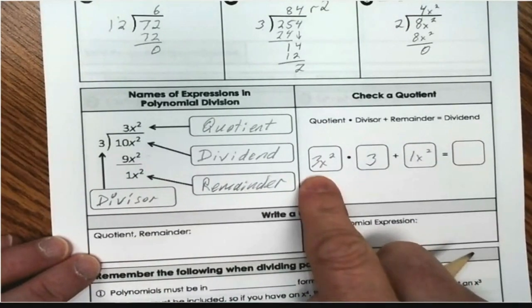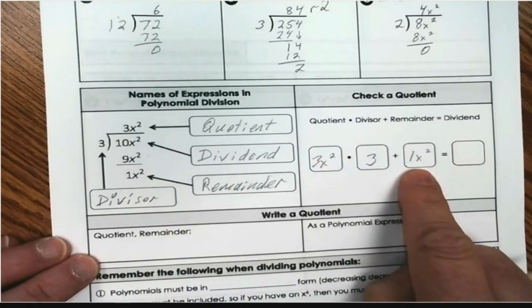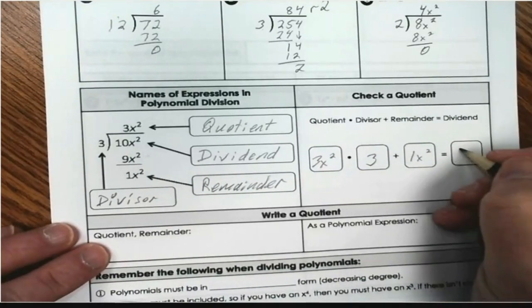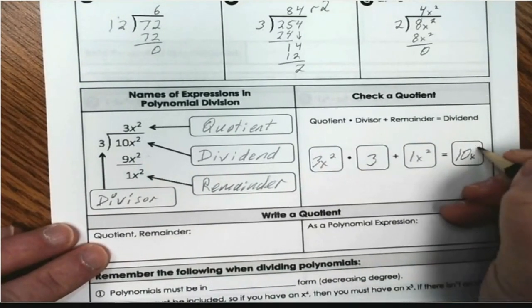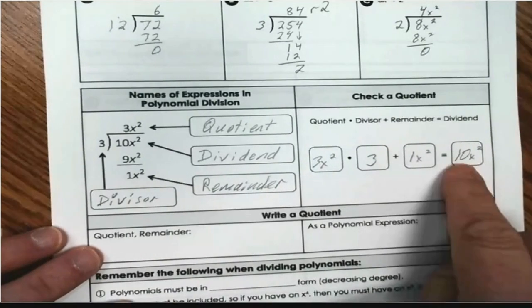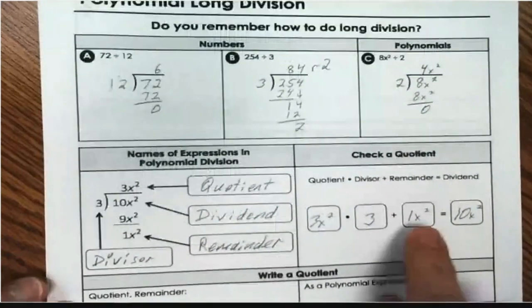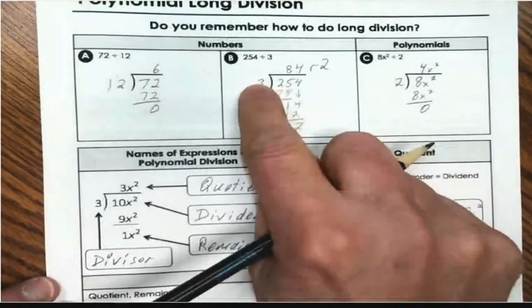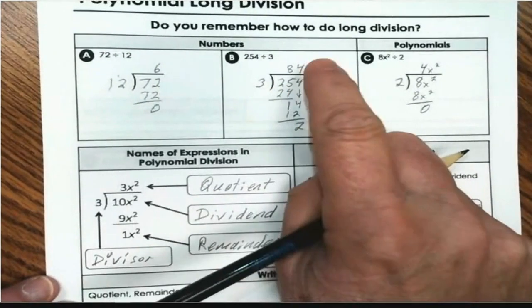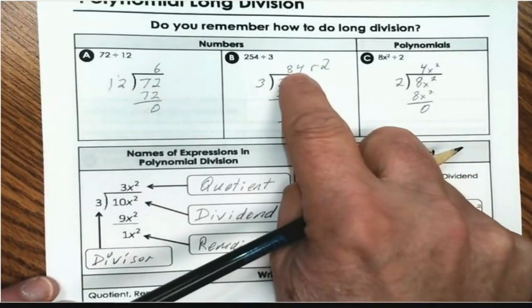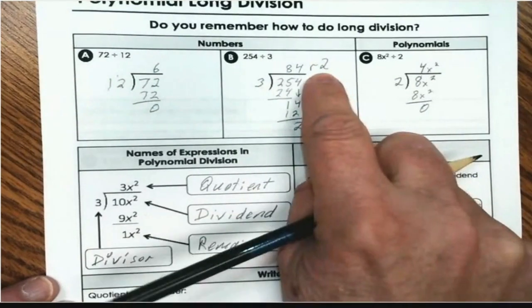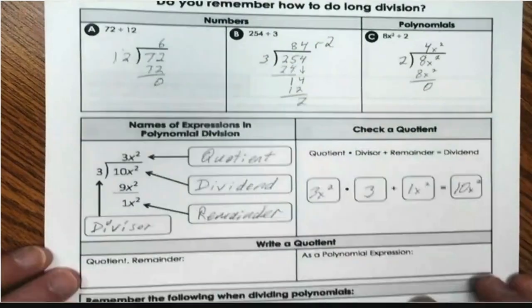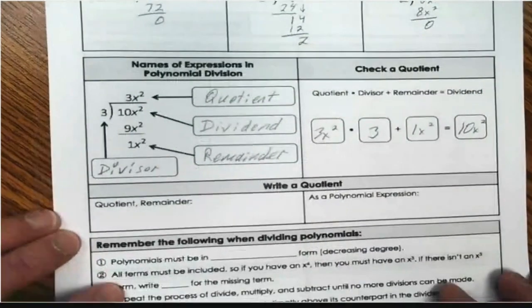So 3x squared times 3 is 9x squared, plus another x squared gets us back to our original dividend, 10x squared. Works the same way up here. 3 times 84 is 252, plus the remainder gives us back the 254. It's just that we can do that with polynomials.